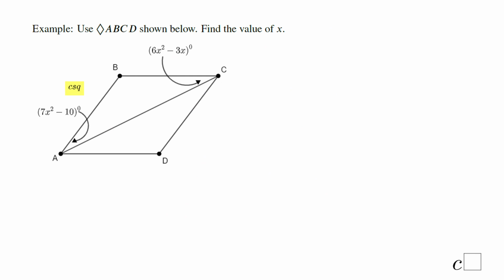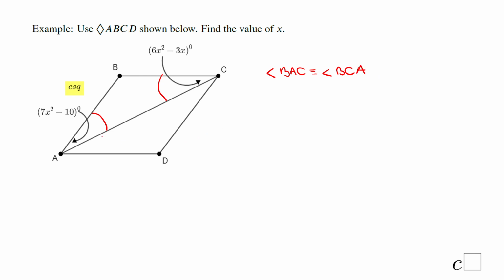Next problem, very similar. We just have to set up an equation that will say, hey, these two angles you see here are congruent, because that is the property of a rhombus. So angle BAC is congruent with angle BCA. The diagonal bisects opposite angles.